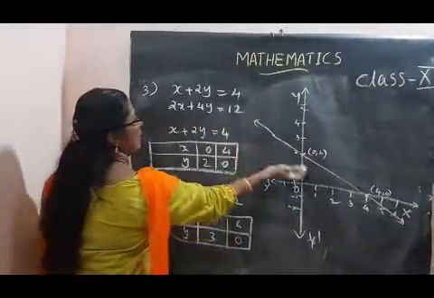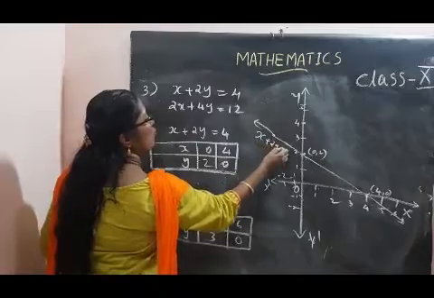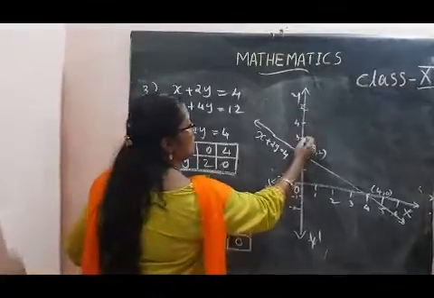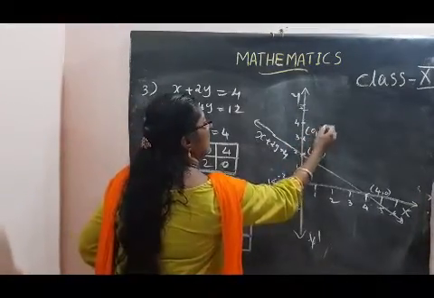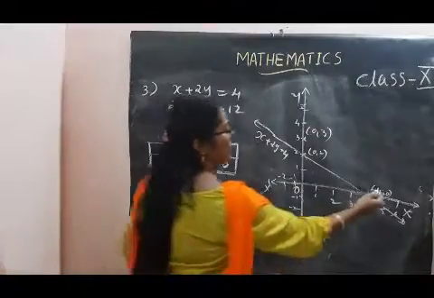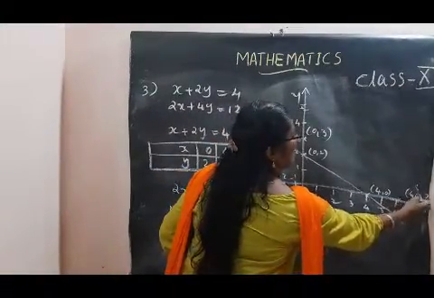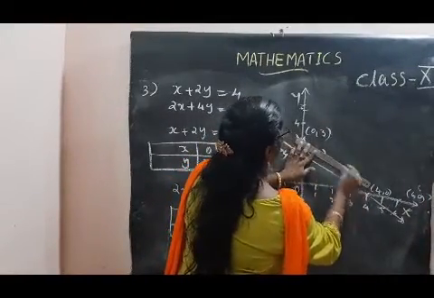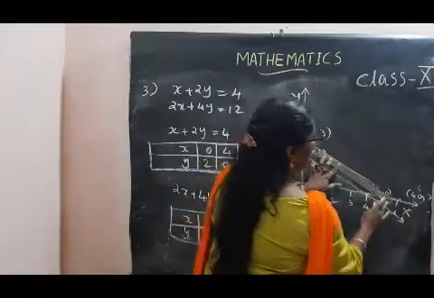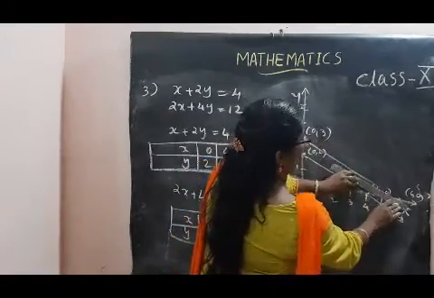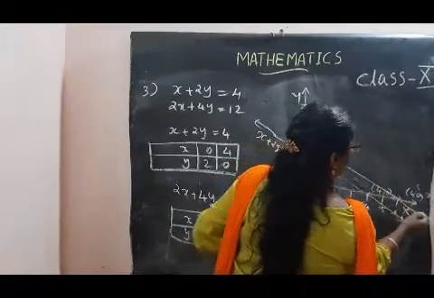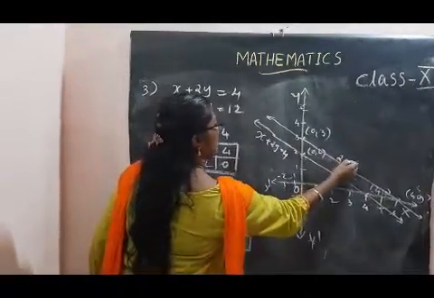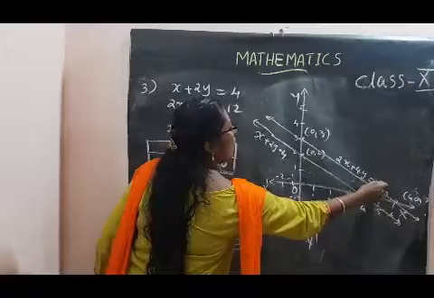This line represents x plus 2y equal 4. And next one (0, 3) and (6, 0). The line represents the equation 2x plus 4y equal 12.